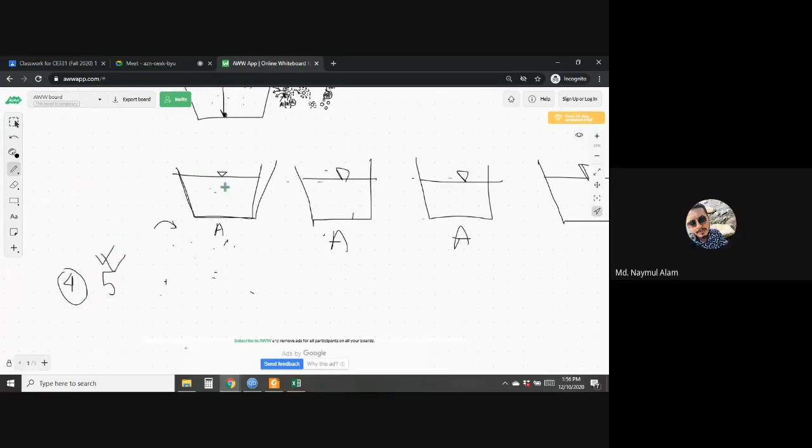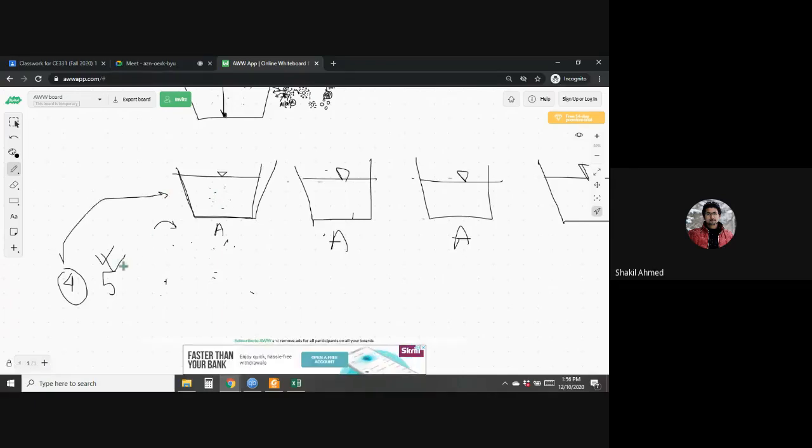There will still be colloidal particles if you give 4. If you give 5, that's the best. If you give 6 or 7, then what's the problem?